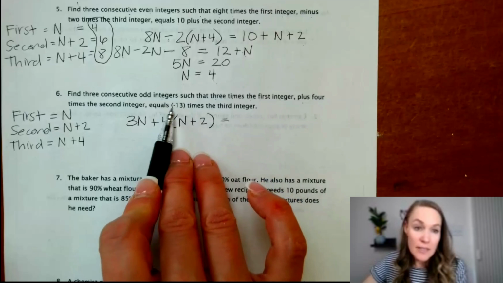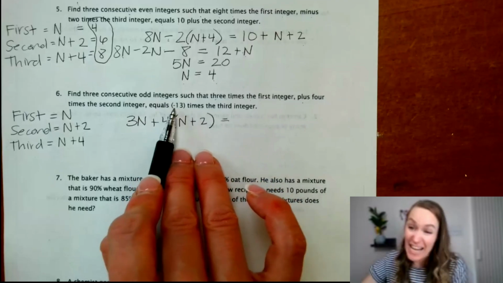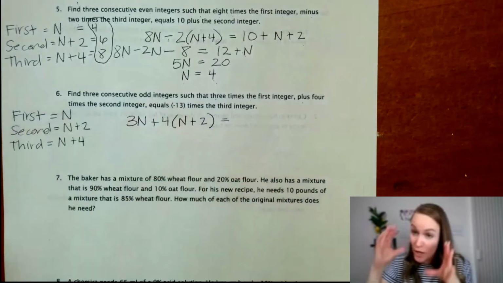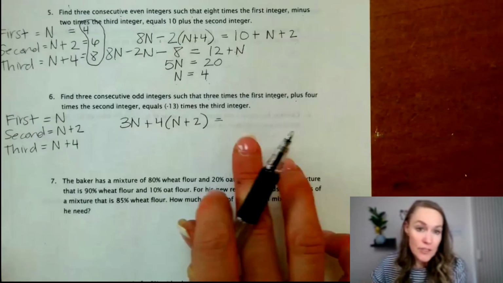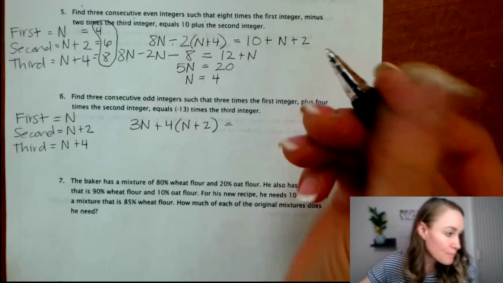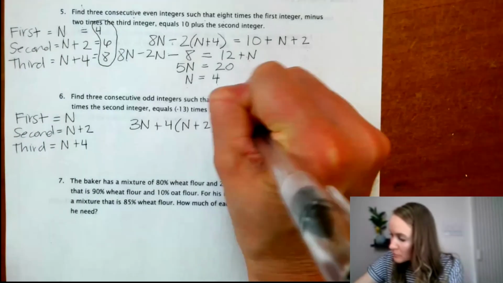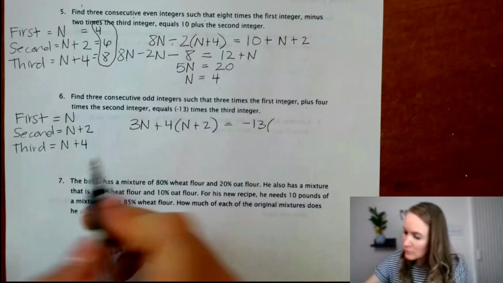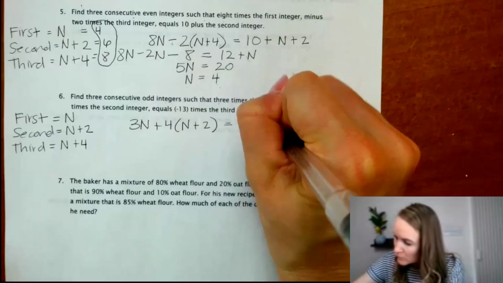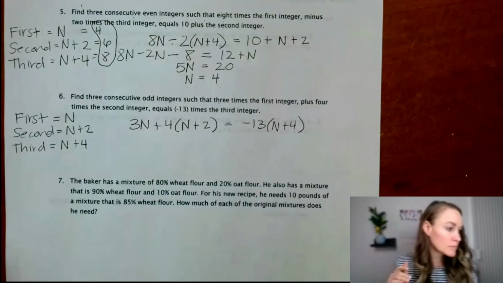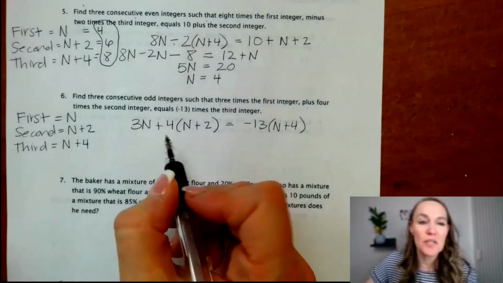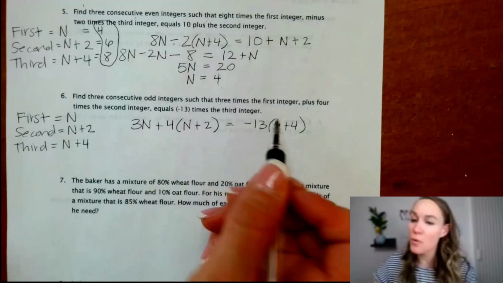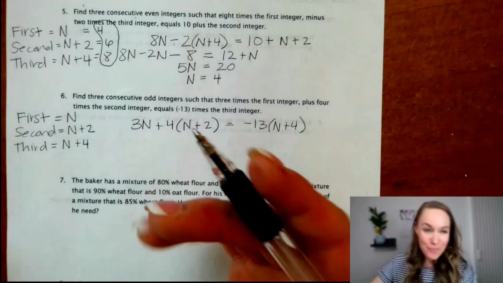Okay, negative, they put those parentheses, they didn't have to, but they put it there to draw your attention. This isn't just 13, this is negative 13. Negative 13 times the third integer. Okay, great. So now remember we have one unknown, one equation we can solve now.